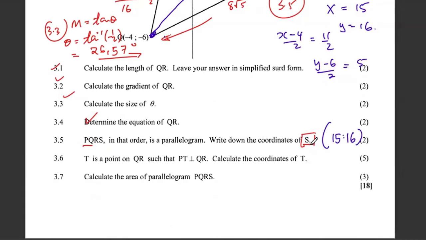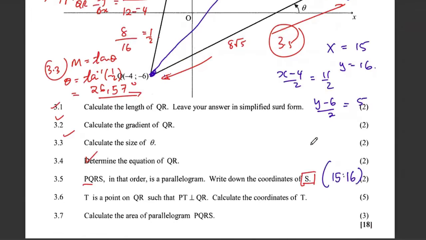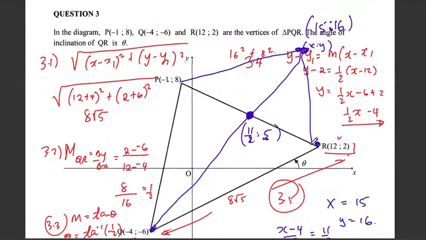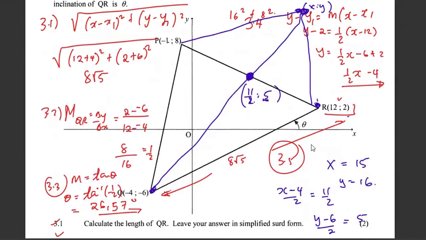Okay, then 3.6. T is a point on QR such that PT is perpendicular to QR. Okay, let's use a different color for this narrative. So if we have a point T here, they're telling us that this point is making 90 degrees. They want us to get these coordinates. Now, what do we know about perpendicular lines?